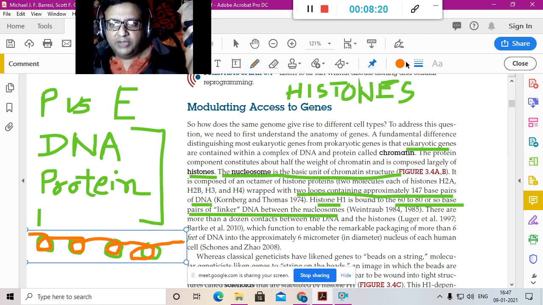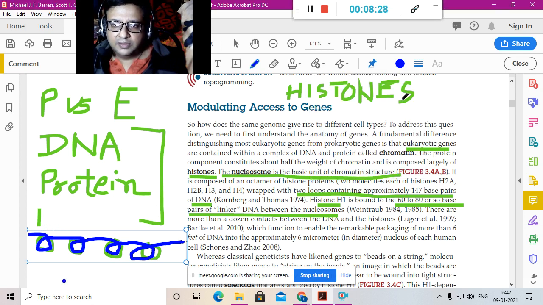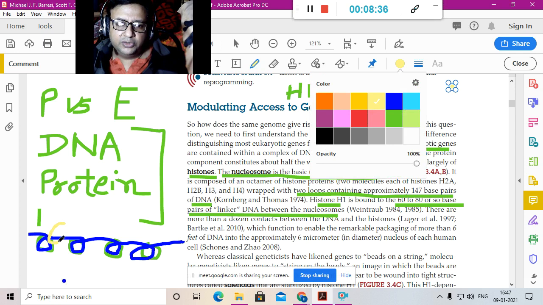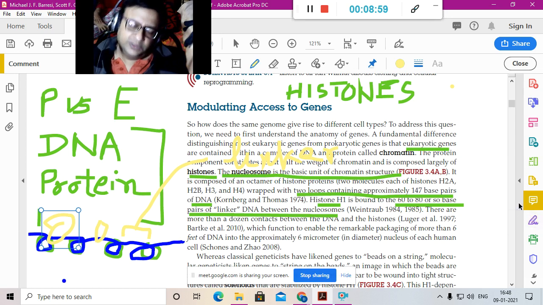And you have the histone H1 binding in this region. This region in between the two nucleosomes is known as the linker.